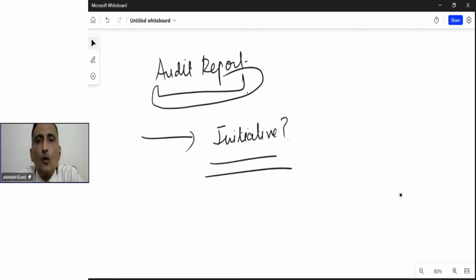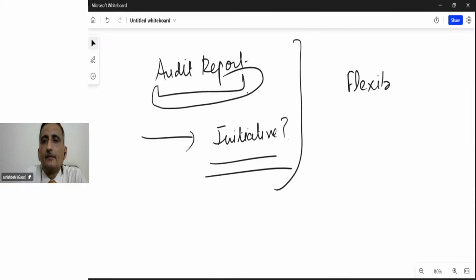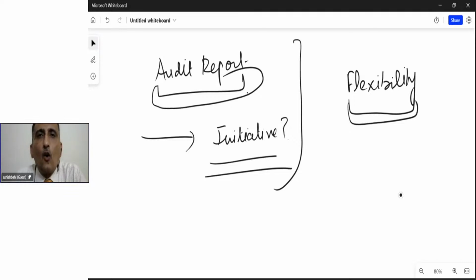If the audit report to be issued is so standardized, or so rigid, then how can the auditor express his opinion in an effective manner? Isn't it the next logical question? So, guys, SA 700 also provides flexibility in this respect.